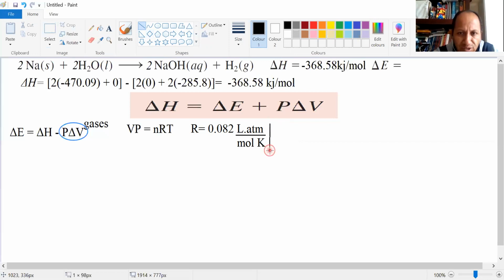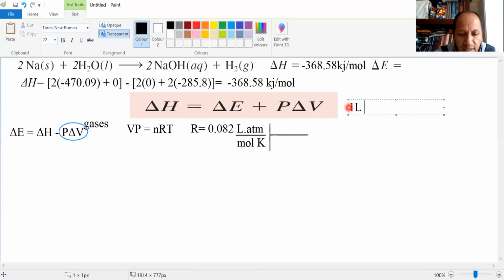We use a conversion factor, changing R to a number which contains joules. As I told you in a previous class, 1 liter times atmosphere equals 101.32 joules.